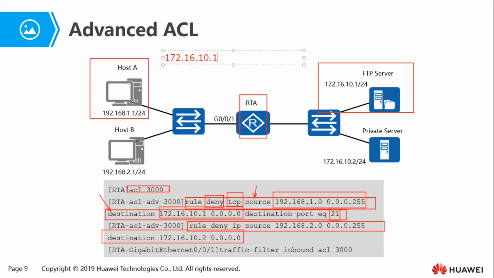Are you seeing that? We've not, for example, specified a network address. You see, like for the source, we are specifying a network address, 192.168.1.0. Then we are using an inverse mask 0.0.0.255. Are you seeing that?